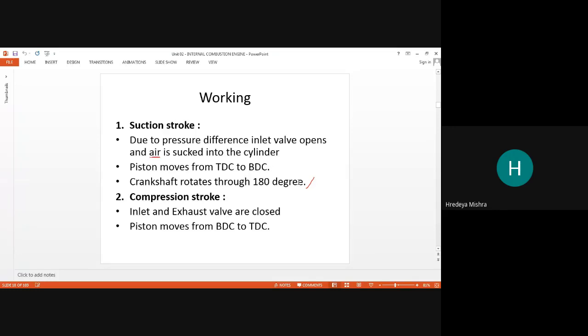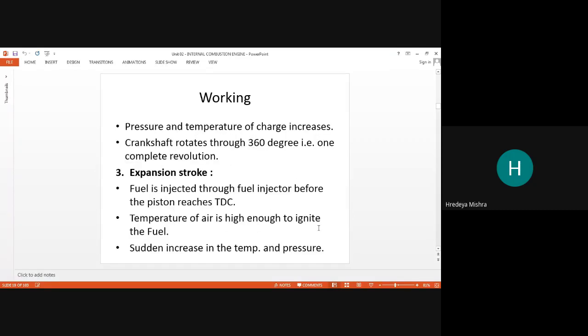Now in the compression stroke, the inlet and exhaust valves are closed. The piston moves from BDC to TDC. Pressure and temperature of the charge increase. The crank rotates 360 degrees, one complete revolution.